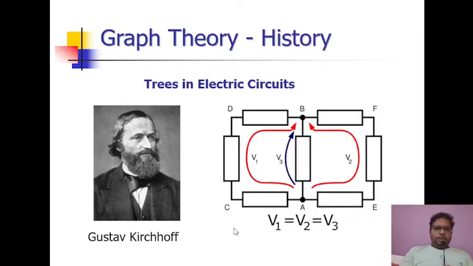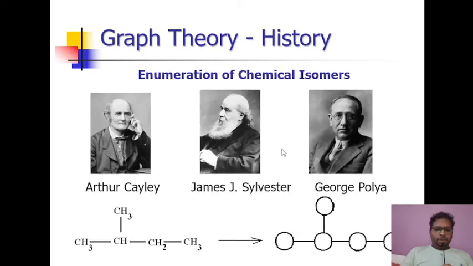Graph theory is also utilized in the electrical field. You have studied Kirchhoff's laws, KCL and KVL, to find current and voltage. We use nodal analysis, and here the graph theory concept is utilized. In chemistry also you can utilize this concept.